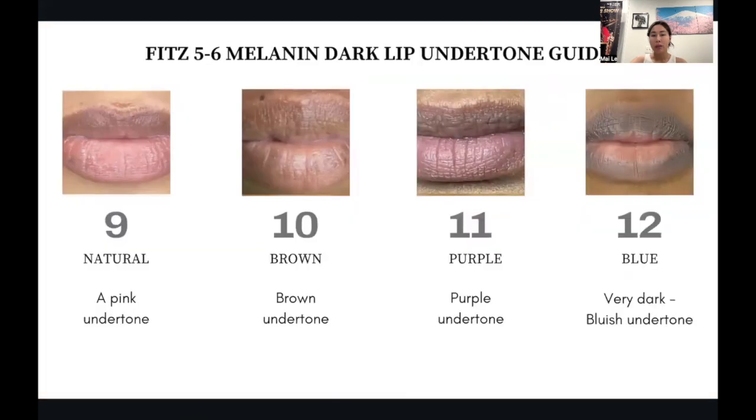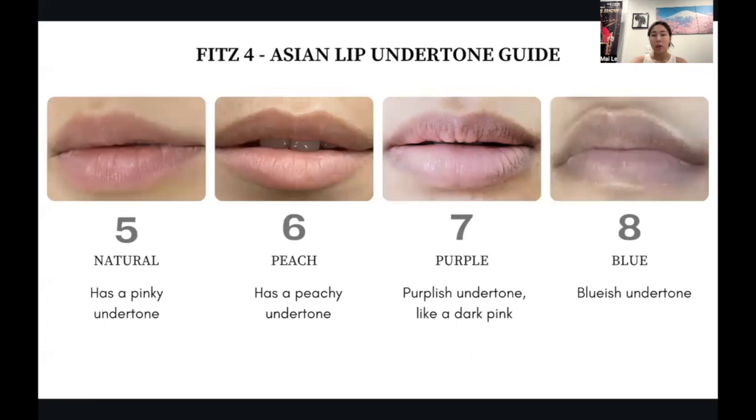So let's go back to the dark lips undertone, okay? So for Fitzpatrick 4, like Asian lips, number 5, this undertone right here, you might not need the neutralized color. This lip might just need one pass of the neutralized color.